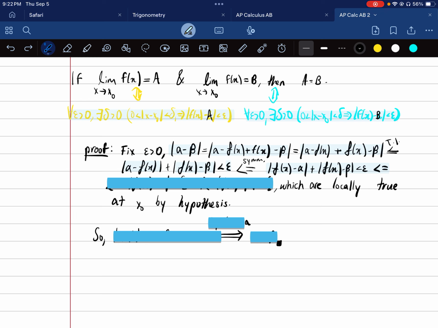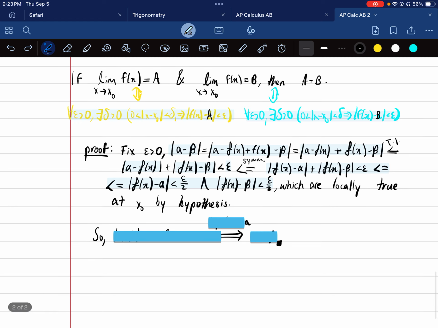It's a property of the absolute value, which implies that the absolute value of f of x minus a is less than epsilon over 2, and the absolute value of f of x minus b is less than epsilon over 2. If you remember from our proving the limits, we can actually do this. This is an idea that we thought of.